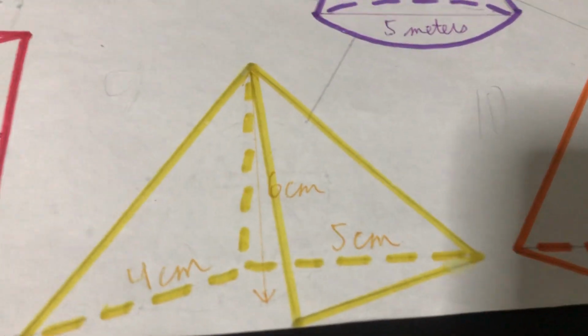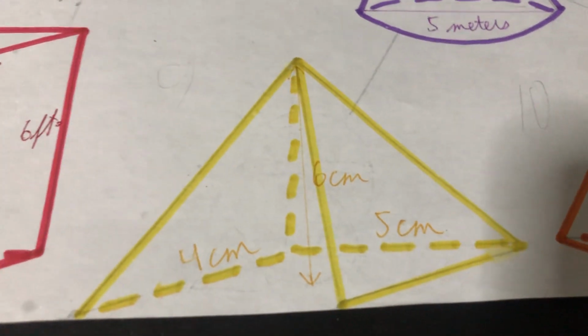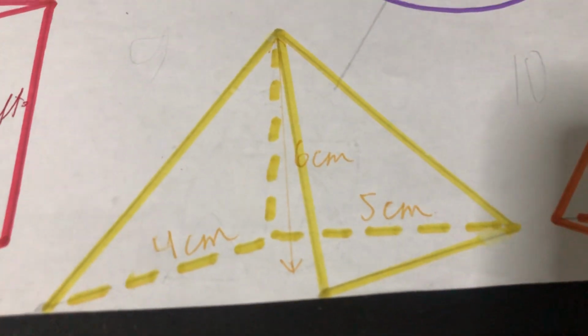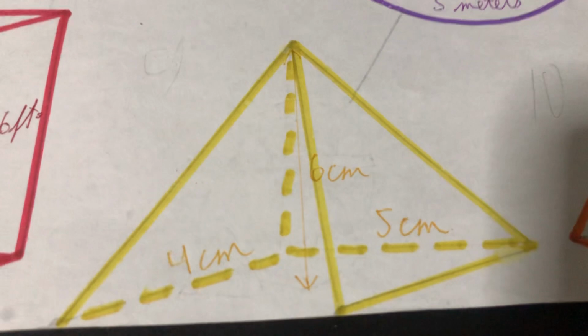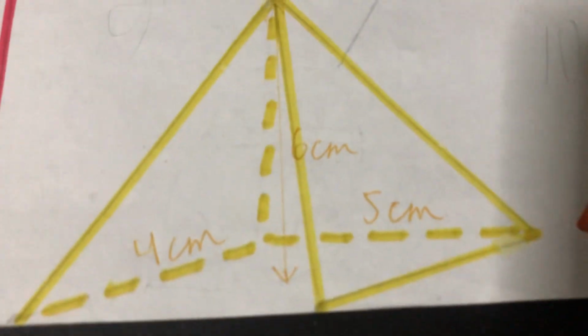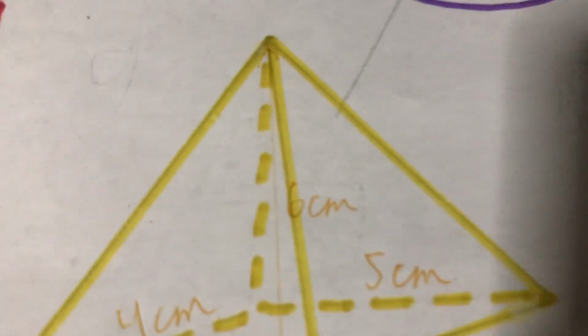Oh, by the way, for the sake of the triangles, remember, we are talking about another type of height here. Because for some people, they think the 6 centimeters is the height. Yes, that is the height, but that's not the height we're talking about. That is what you call the literal height. We are talking about the slant height.